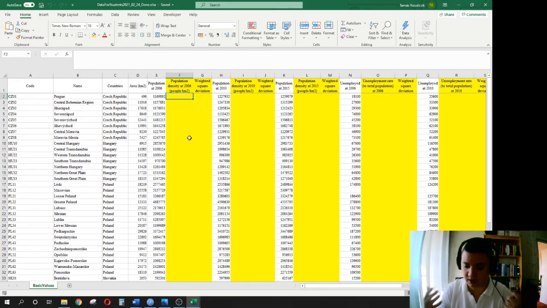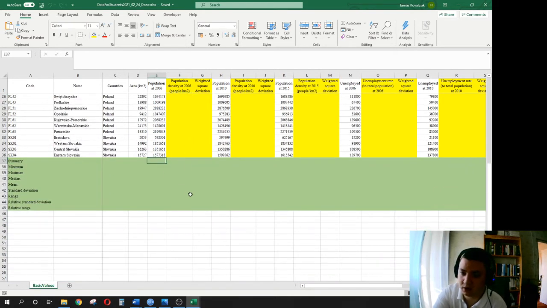This is a division indicator, and there are very different formulas. For example, there is one formula for the standard deviation for the absolute variables, and there is another formula for the standard deviation for the population density, the relative indicators.